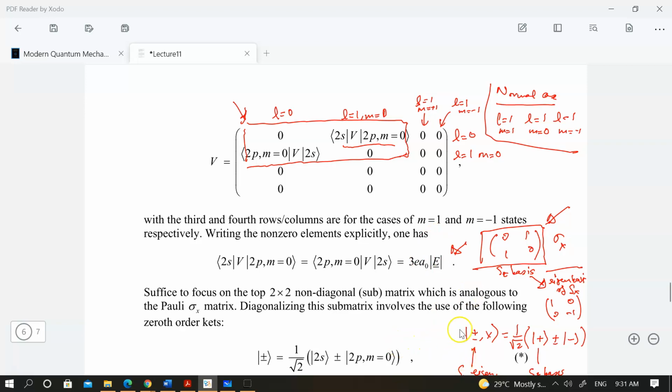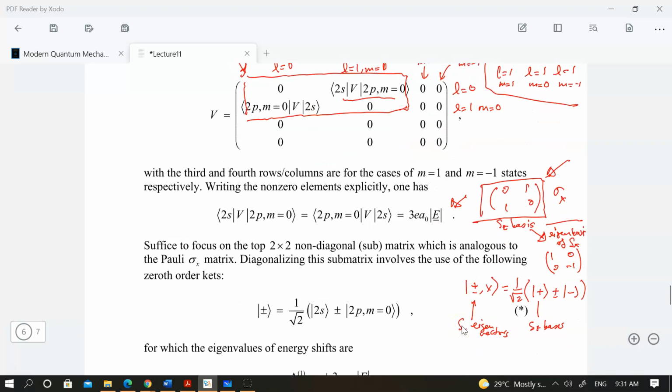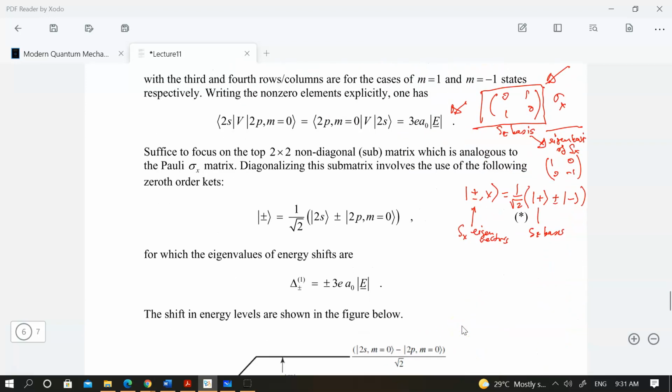And you use the result for the spin x case to deduce the new basis for this part where you have the degenerate subspace, which is to use these states, this linear combination of states. Once you use this linear combination of states, then the first order shift will now be given by that, which is precisely that.